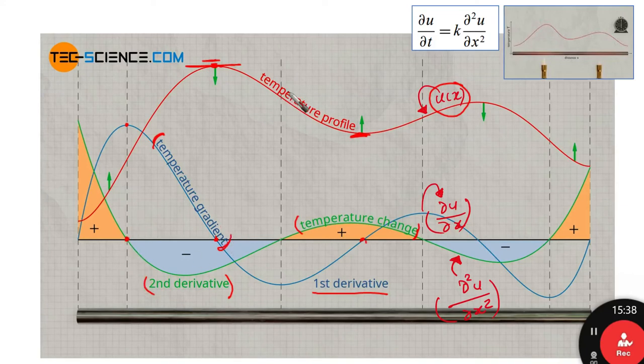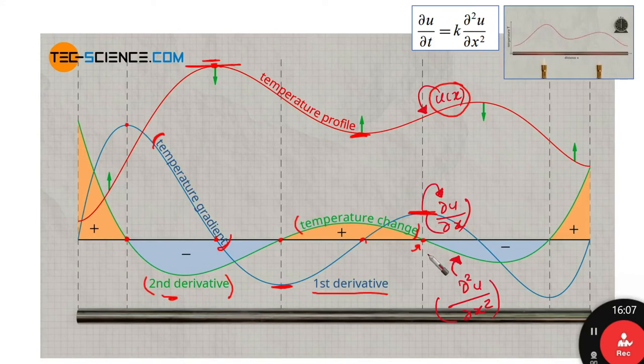In a similar fashion, we can say that at this point here, the slope of the gradient is horizontal. This means that we have the second derivative equal to 0. Temperature change is 0 here, right? In a similar fashion here, we find the second derivative is 0, because the temperature gradient here is horizontal.